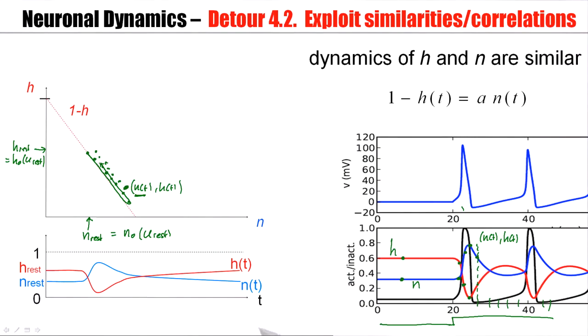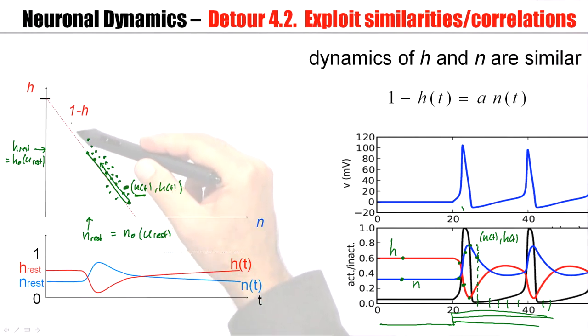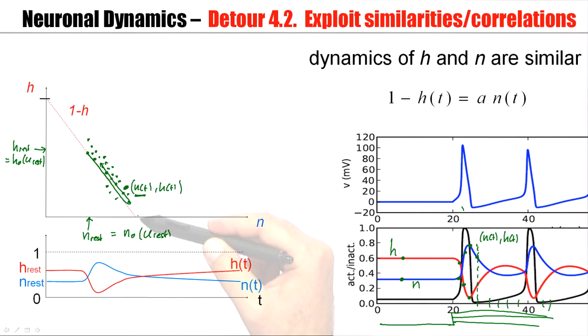If I give a different stimulus, the trajectories might be different. However, what you find is that all data points lie in close proximity to this red dashed line.